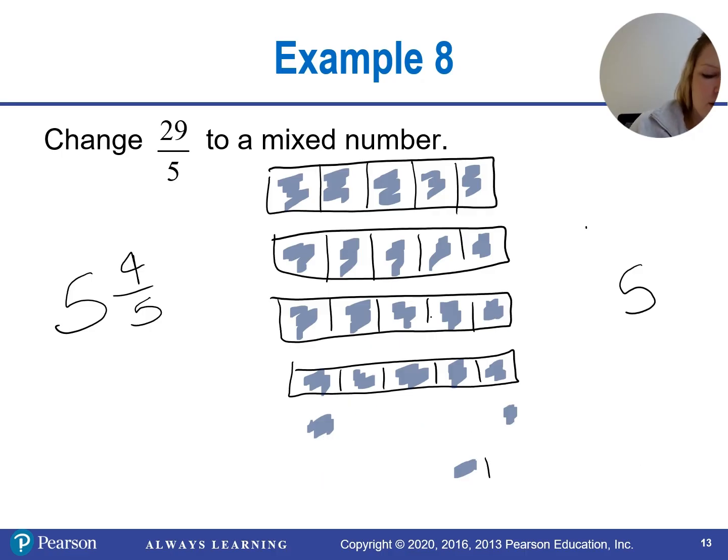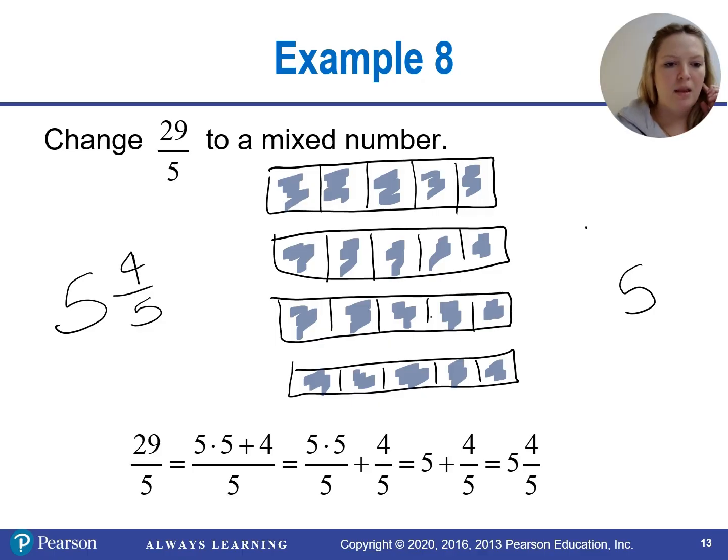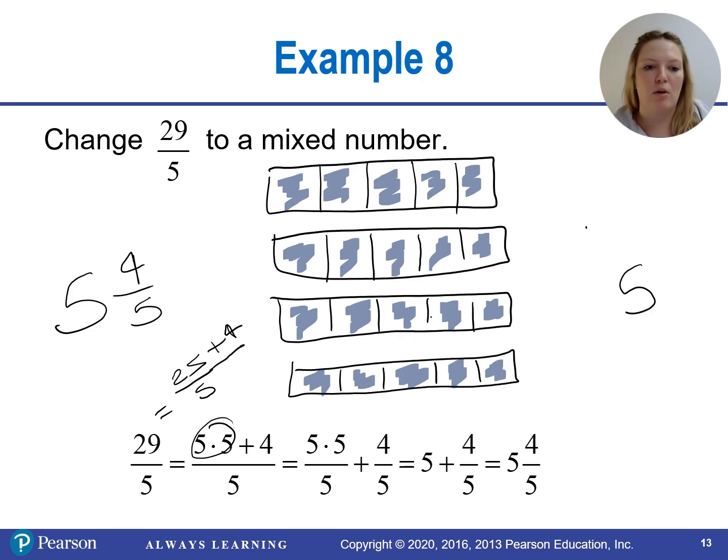Now, alternatively, we can do some arithmetic to get here, thinking, all right, how many times can I pull out a whole from 29 over 5? So 29 over 5 is the same as 25 over 5, plus 4 over 5.